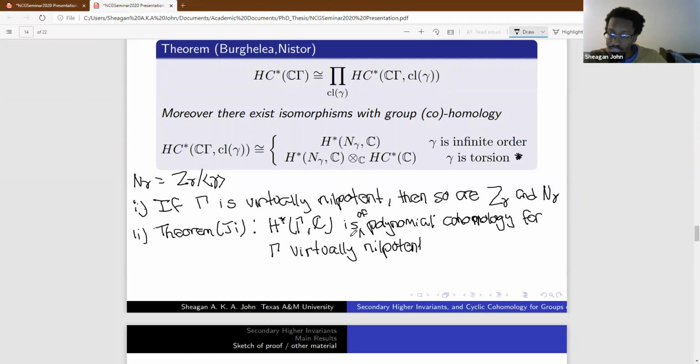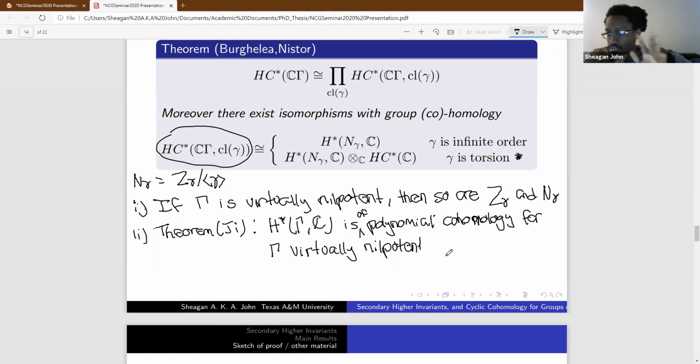So we use these ingredients to see how we can show that what we have on our left-hand side is polynomial cohomology as well.